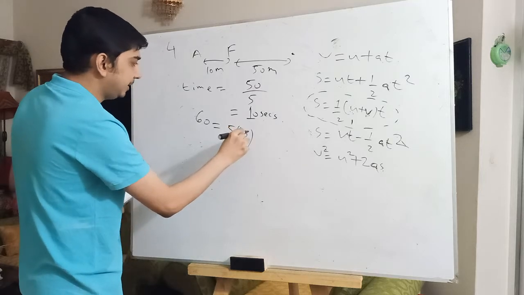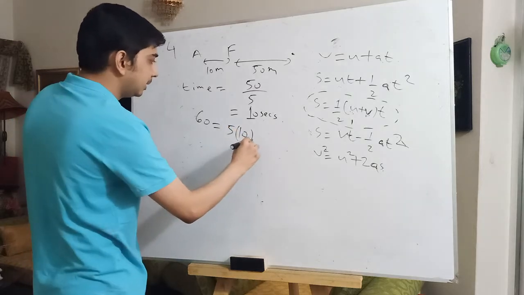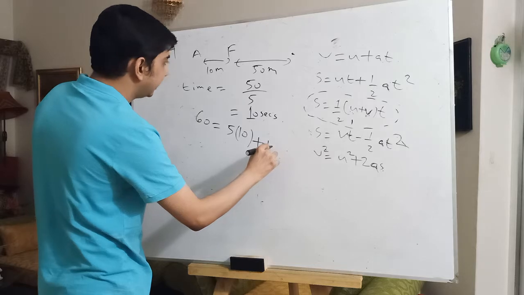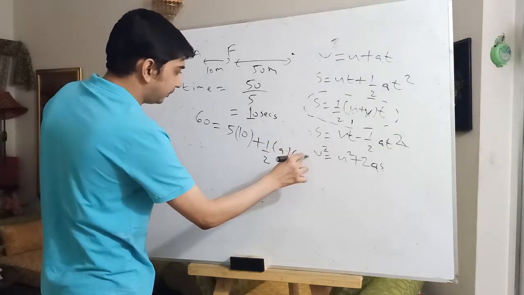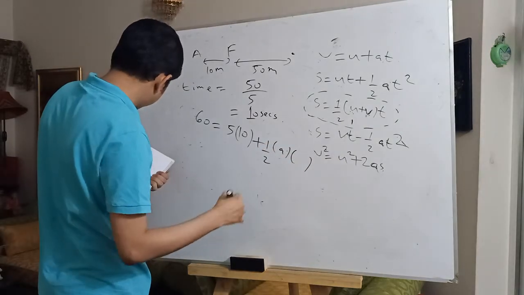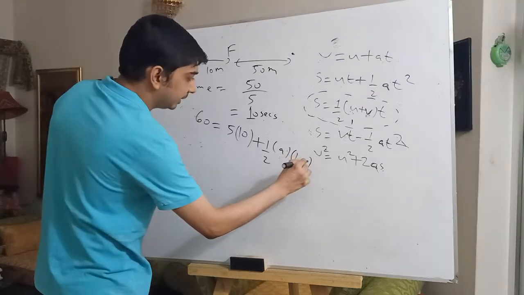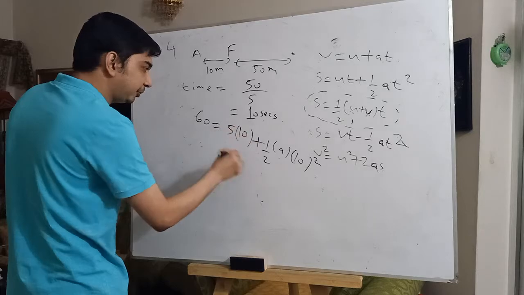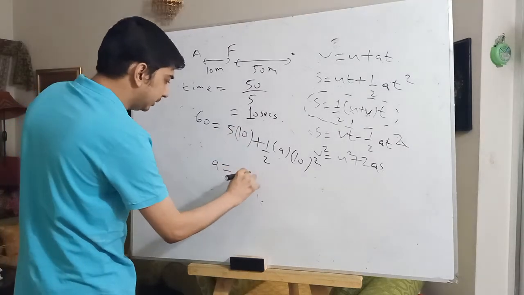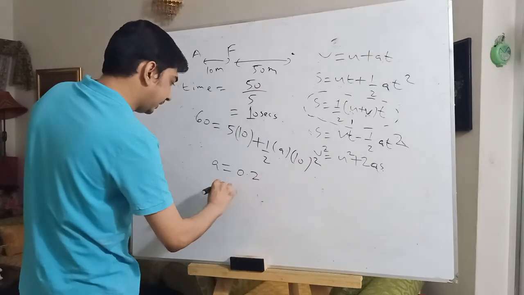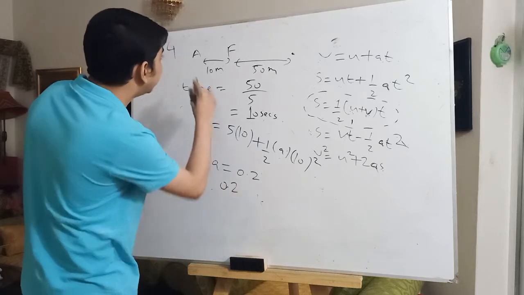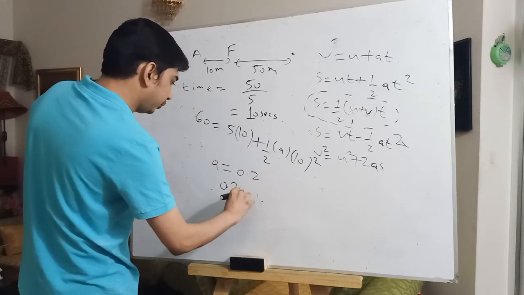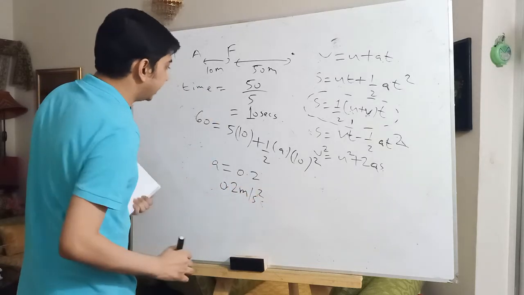The time is 10. ut plus half a, we don't know the value of a, t square, so t will be 10 square. Okay, and if you solve this you get the value of a as 0.2. Okay, so the minimum acceleration for Aisha will be 0.2 meters per second square.